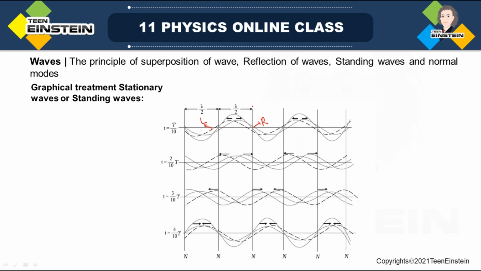Now look what happens if I see at any time, suppose at time t equal to 1/10 of the time period. Then we see that these waves are not in phase, they differ by some phase angle.